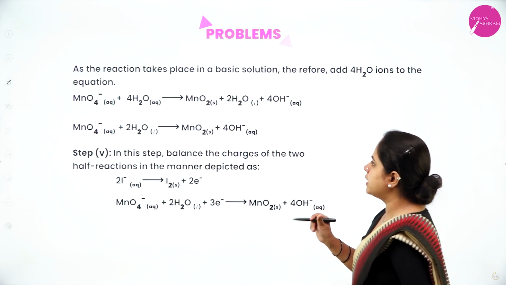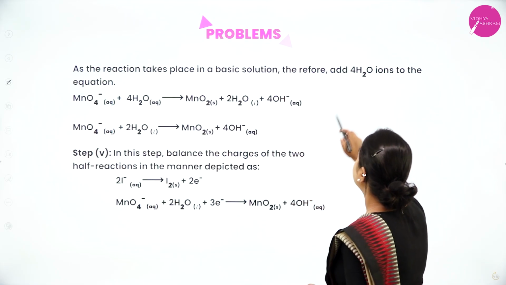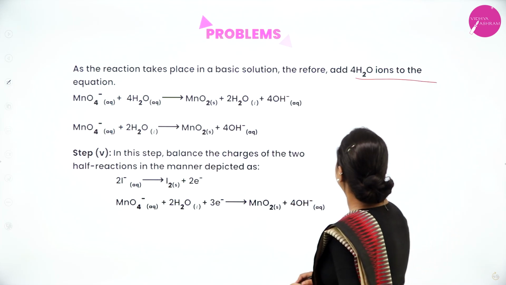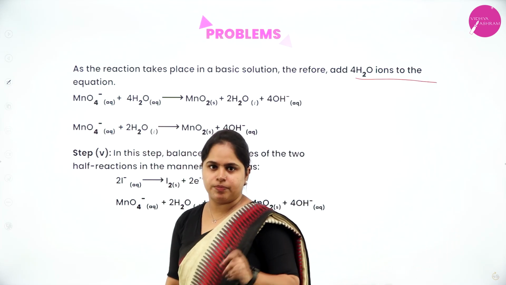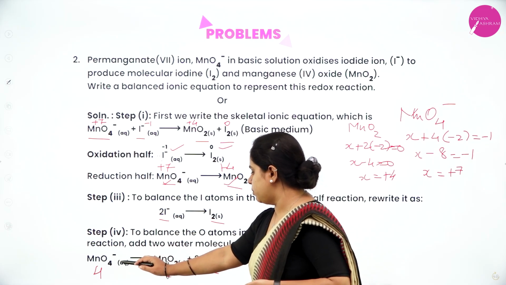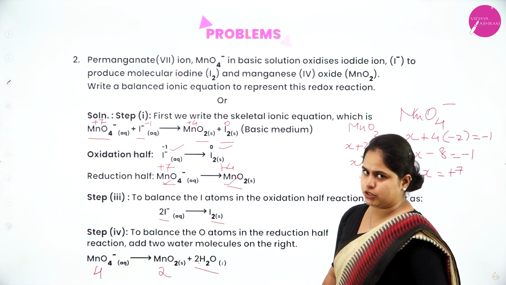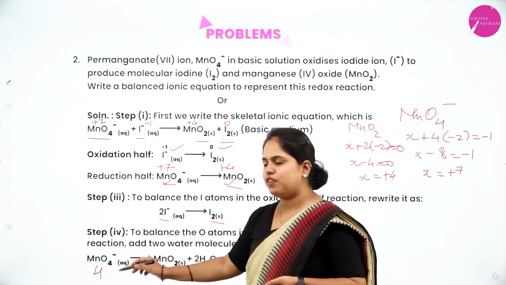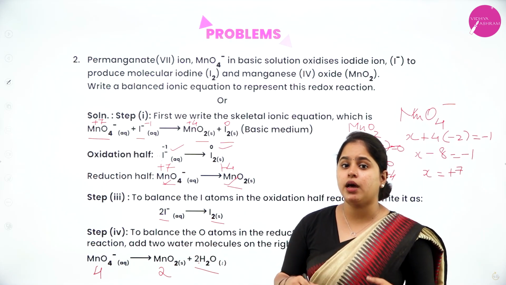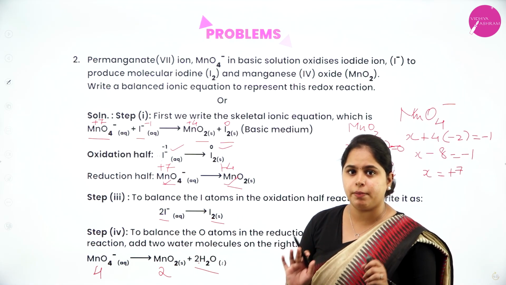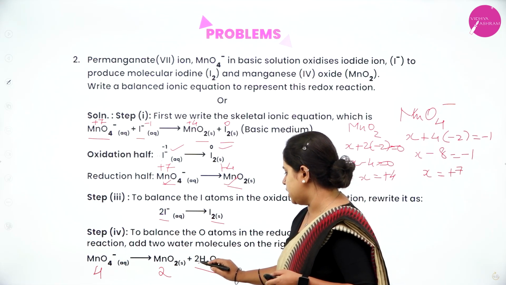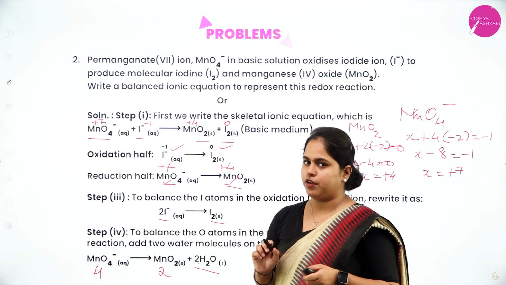So let's see, as the reaction takes place in basic solution, therefore add 4 H2O molecules to the equation. So that means you have MnO4 minus which is giving MnO2 and 2 H2O. Now the number of atoms of oxygen is balanced, but the number of hydrogen atoms also needs to be balanced. So how many hydrogen atoms are here? 2 into 2, 4 atoms of hydrogen.